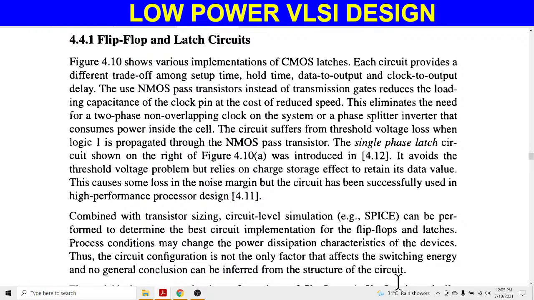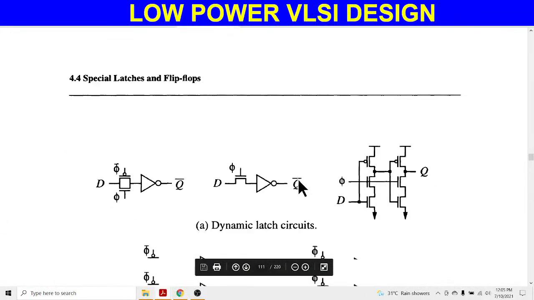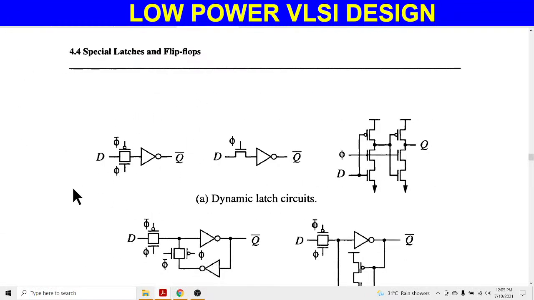Okay, when we provide a clock pulse, there are two phases of the clock pulse, positive and negative phases. The first circuit that I have represented here is the dynamic latch.